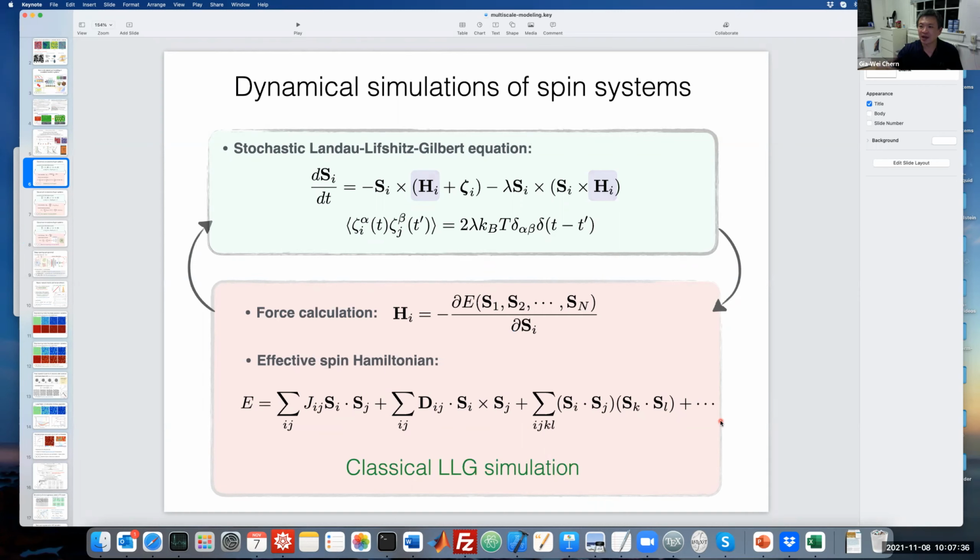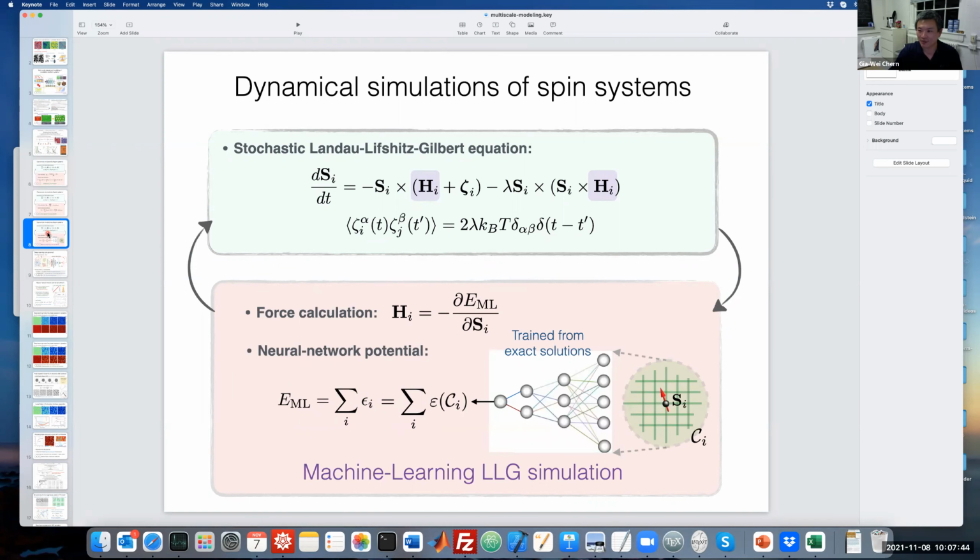So if you can manage to obtain all these coefficients from some fitting, then it's pretty much the same as machine learning. But since this is too complicated, we just use these machine learning training methods to automatically obtain this neural network. And all the parameters are encoded in this neural network.